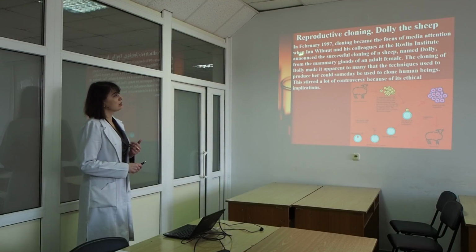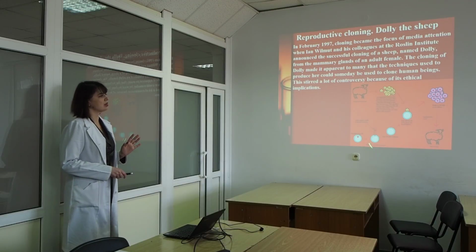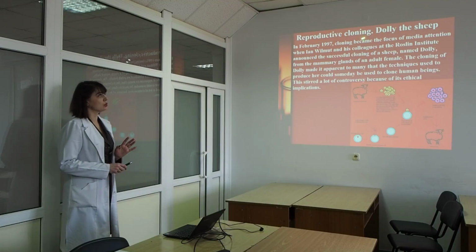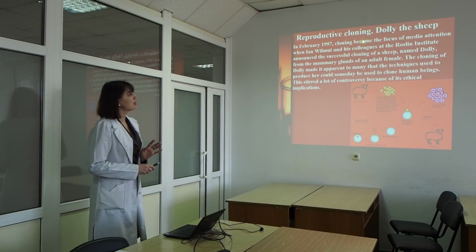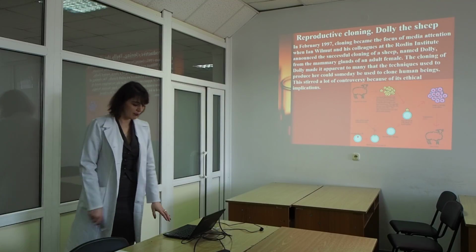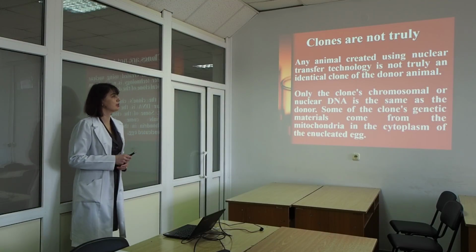Reproductive cloning, dog is a sheep. You know that. We will not stay on this slide for much time, but you know that the first successful cloned animal was Dolly. In February 1997, it was cloned, and however, Dolly died shortly after that.